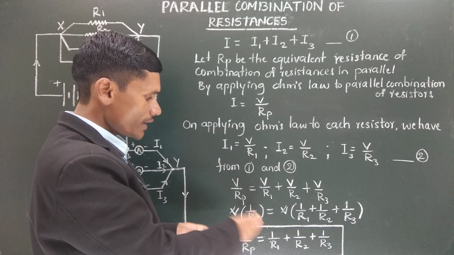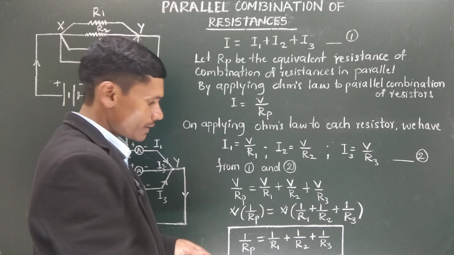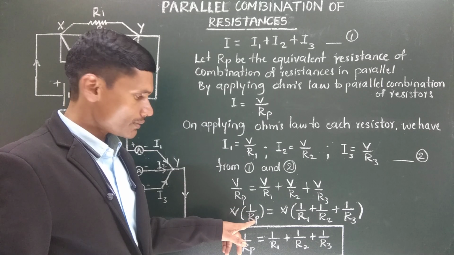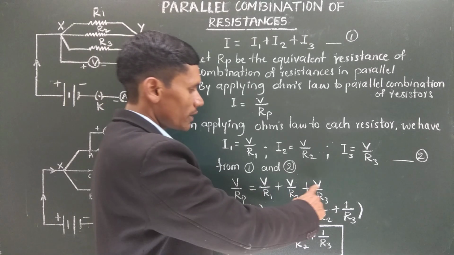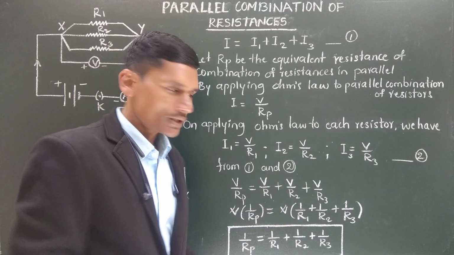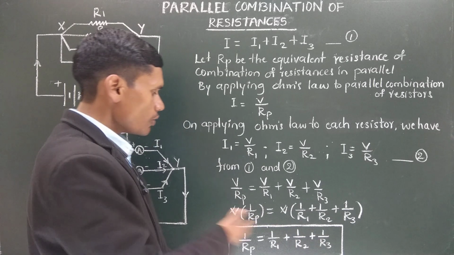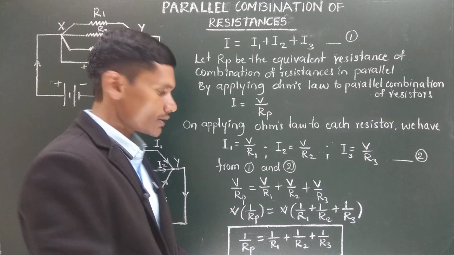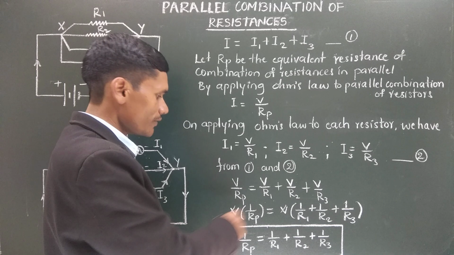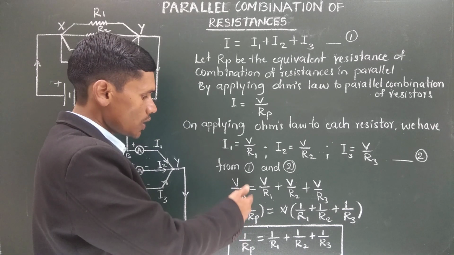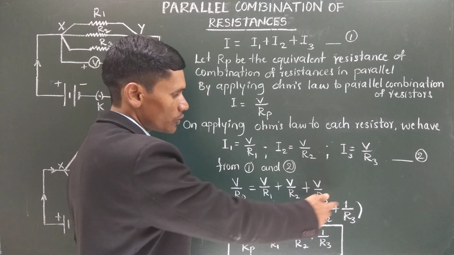Now let us keep phi outside the bracket. Inside the bracket, 1 by Rp remains on one side, and on the other side, phi is common everywhere, so we keep it outside, with 1 by R1 plus 1 by R2 plus 1 by R3 inside the bracket. Since the potential difference is on both sides, phi gets cancelled. What remains? 1 by Rp is equal to 1 by R1 plus 1 by R2 plus 1 by R3.